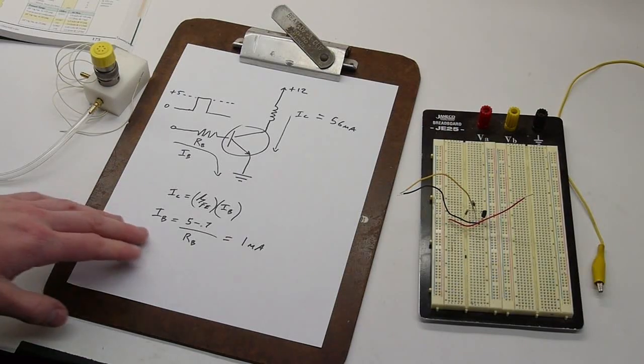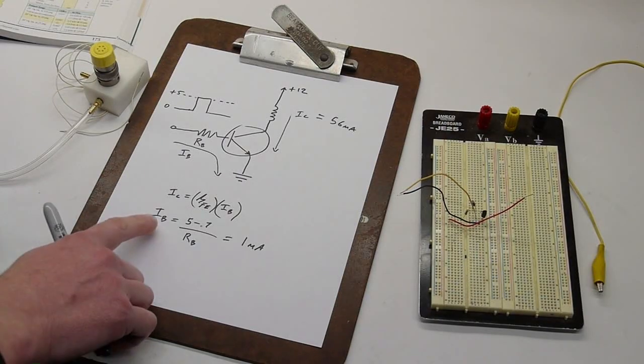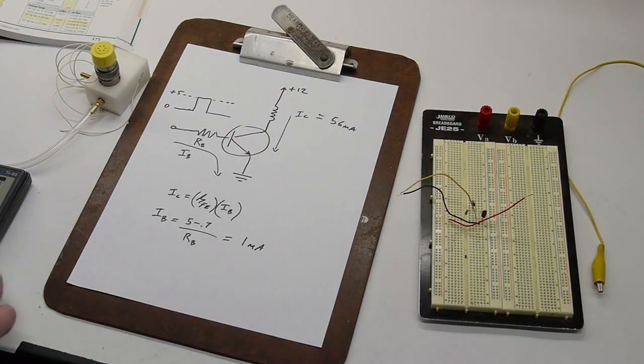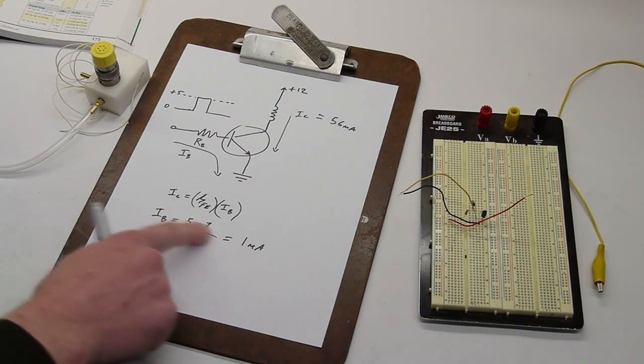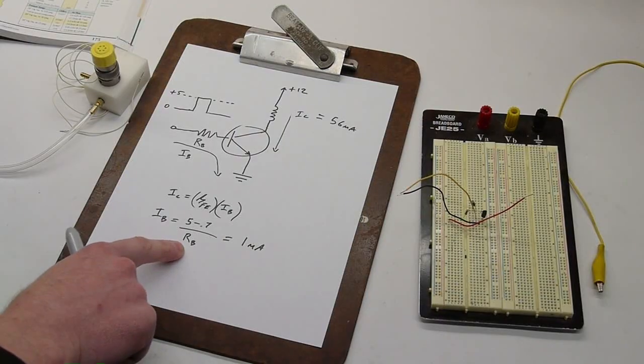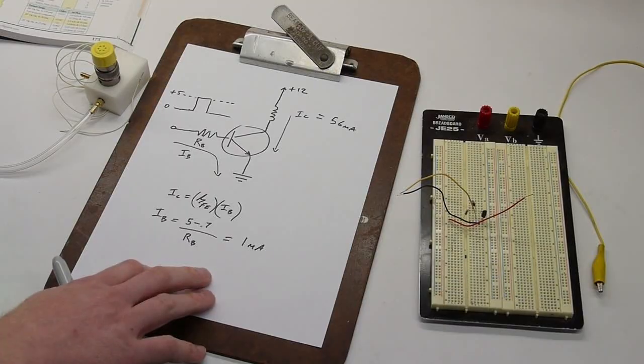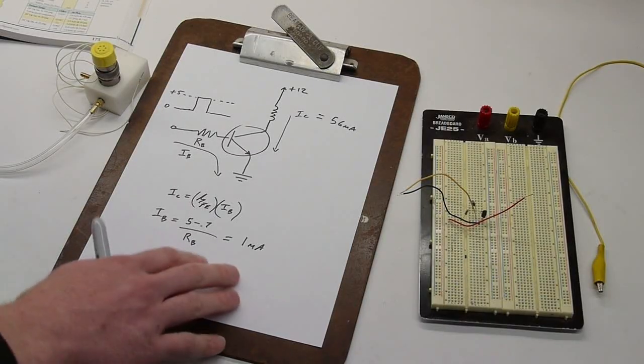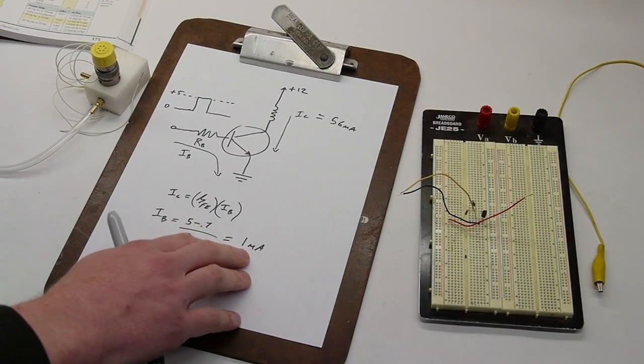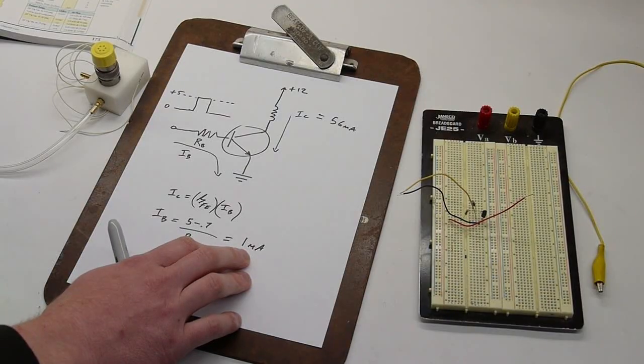Okay, so let's solve this guy. We've got IB is equal to 5 minus 0.7 over RB, and we know that IB is 1 milliamp. So when doing the calculations, always use the standard units. So enter this as 0.001 amps.